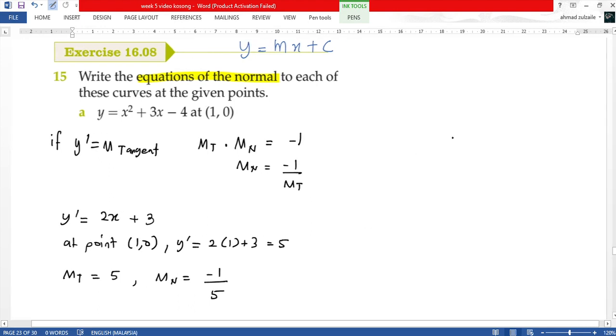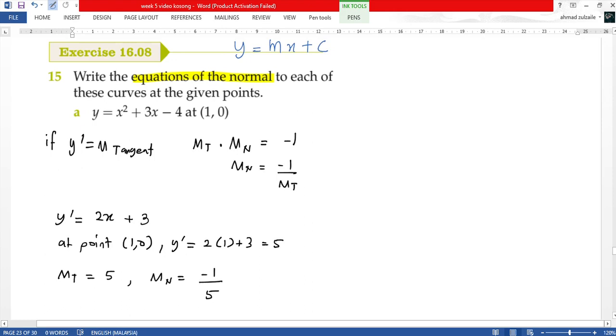Okay, so substitute, the same process macam tangent tadi. Substitute m normal equal to negative 1 over 5, and the coordinate 1, 0 into y equal to mx plus c.